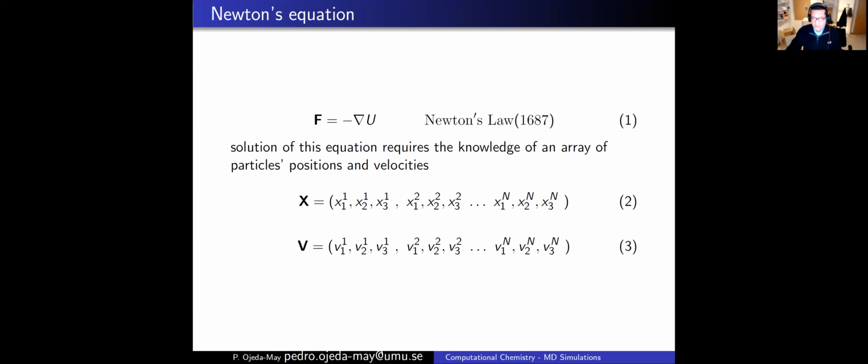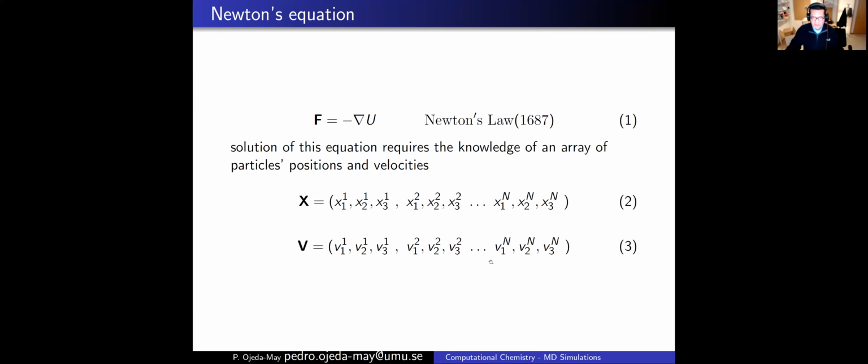So the problem is that in nature, in a realistic system, this value n here is quite big. For instance, it's of the order of 10 to the 23, right? And it's impossible to get the exact positions and the exact velocities of all the objects involved in a realistic system.